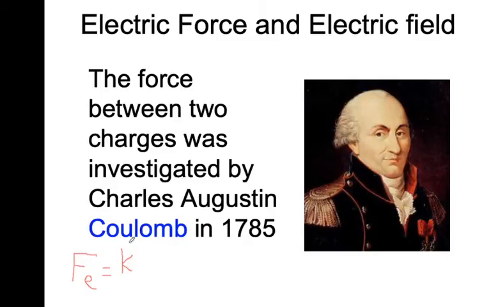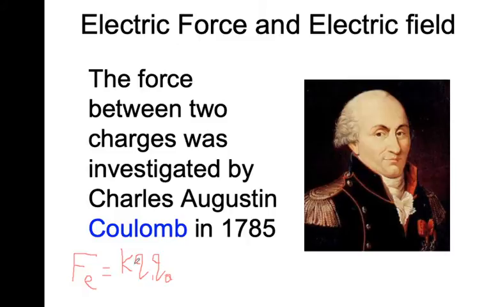You don't really have to know this now, it'll always be given to you. But Coulomb's constant is equal to 8.99 times 10 to the 9 newton meter squared per coulomb squared. So this constant is always used when you're finding an electric force, and you're multiplying it by two charges, Q1 and Q2.